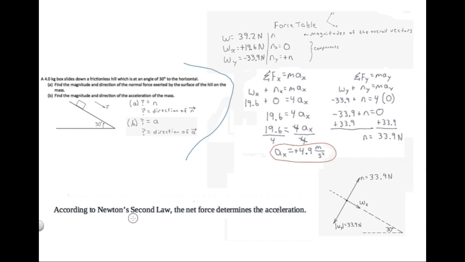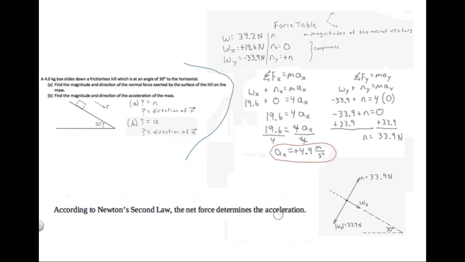Well, according to Newton's second law, the direction of the net force should determine the direction of the acceleration. The only force in the x component for this object is w sub x. W sub x is pointing parallel to and down the hill. Therefore, the net force for the x component will point parallel to and down the hill.